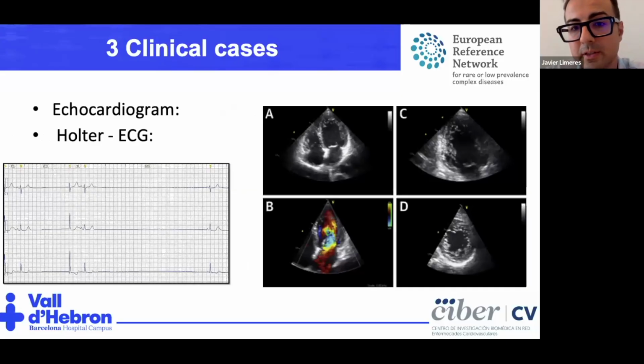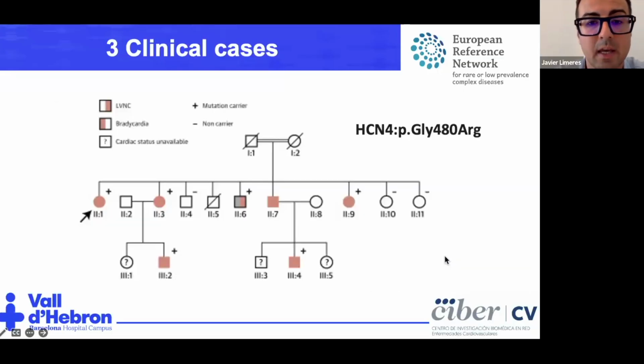We did an echocardiogram in this patient, and you can see the same as in the previous patients. You can see a marked trabeculation of the left ventricle, and in a Holter, you can see a sinus dysfunction. So in this patient, different from the previous patients, you have symptoms, you have rhythm abnormalities, and you find this excess of trabeculation.